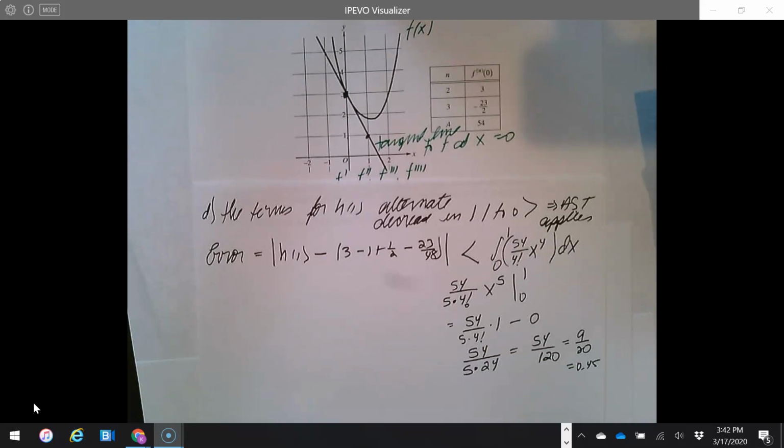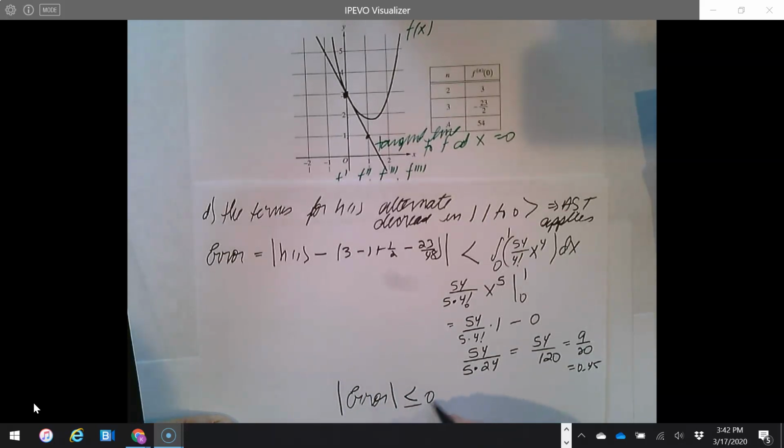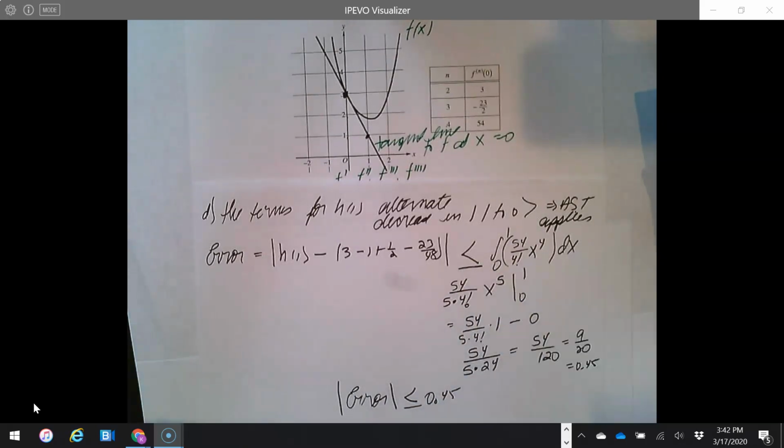This is not the worst one I've ever seen. It could absolutely be a lot worse. But the conclusion is that the absolute value of the error has to be less than or possibly equal to 0.45. I guess I should have used less than or equal to back there. But that gets at what we wanted.